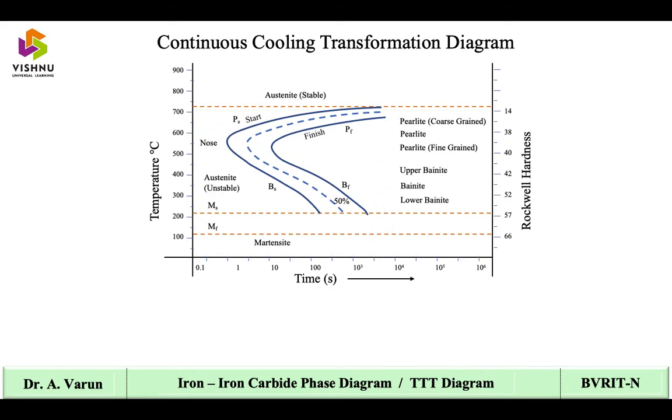Then, like I said, continuous cooling transformation, wherein you draw the cooling curve for the different ways in which we cool it. It is done by taking the austenite as usual, heated in the furnace to around 723 degrees or above. Then if I cool at a very slow cooling rate, it is possible by cooling in the furnace itself.